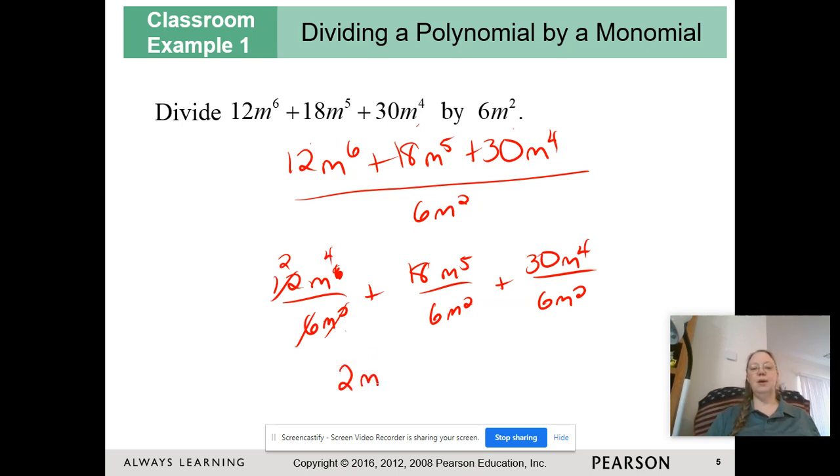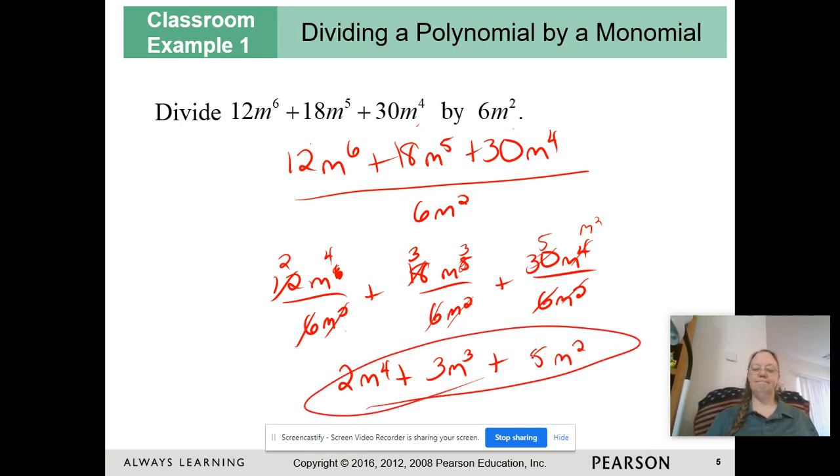So 2m to the 4th. 6 goes into 18 3 times, and I can cancel out 2 pairs, and I'm left with 3 m's being multiplied. And then this one, 5, and I've got m squared. So 5m squared. And there you go, dividing by a monomial.